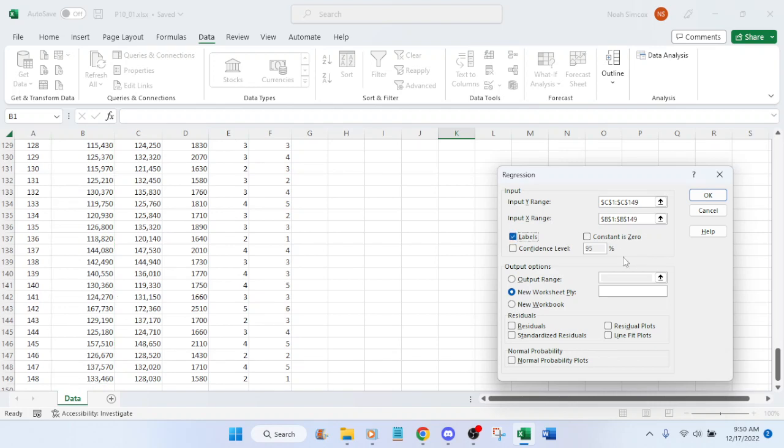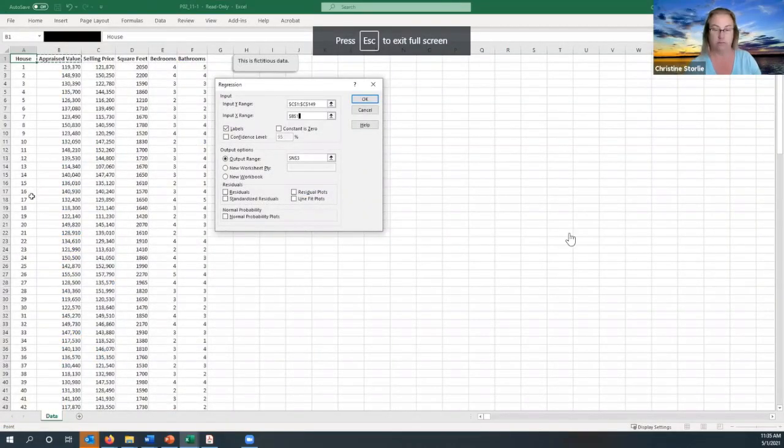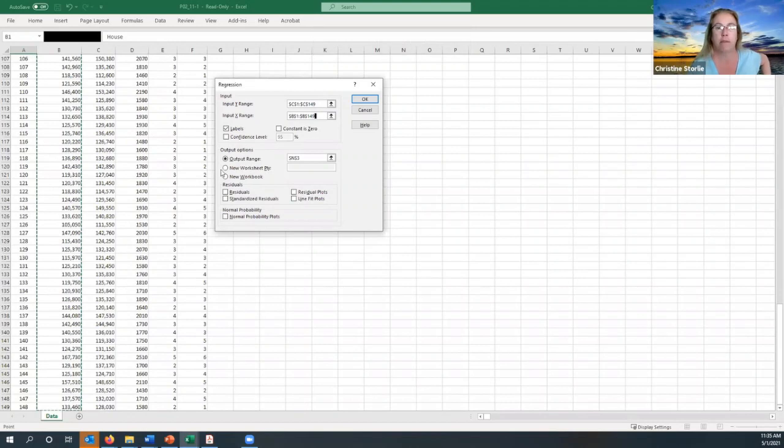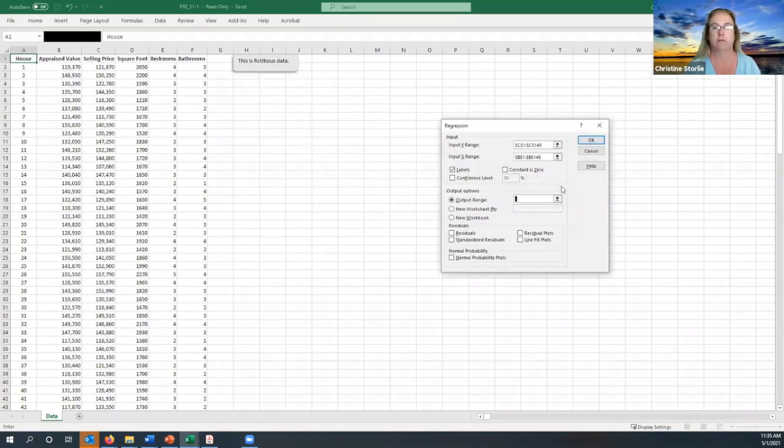Labels. I do have my labels in the first row, so making sure that's checked off. My output right on this sheet here.